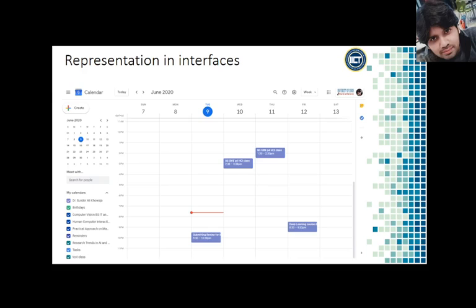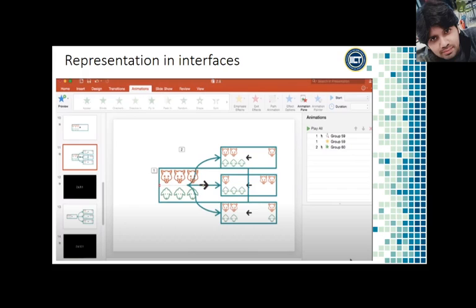Another example of this is the PowerPoint animation pane. The numbers here represent when different animations happen concurrently. Like this. This is 1, 1 and 2. The middle icon represents what triggers the animation, like a click or something else, and the right icon indicates the general nature of the animation, whether it's a movement, a highlight, or an appearance.